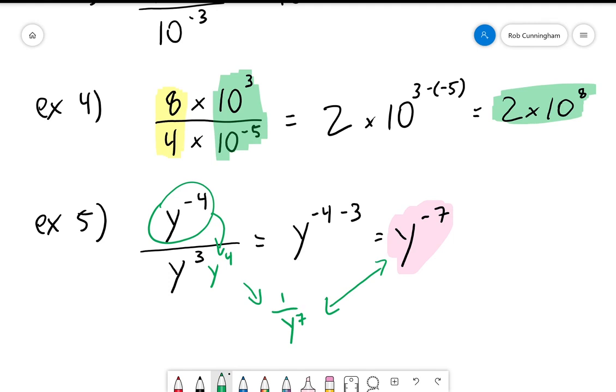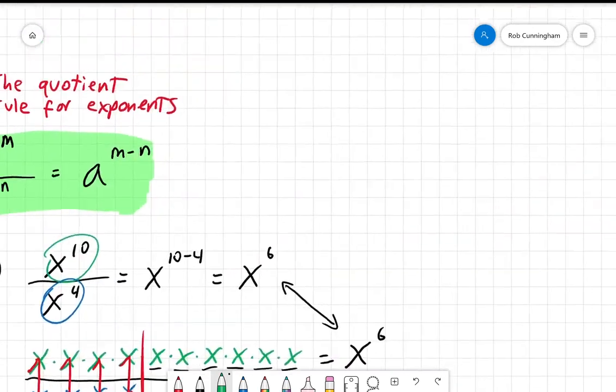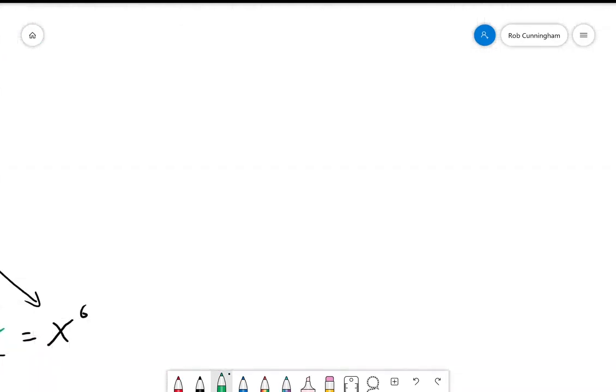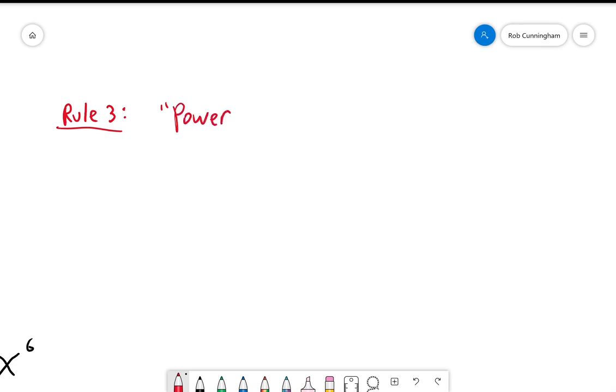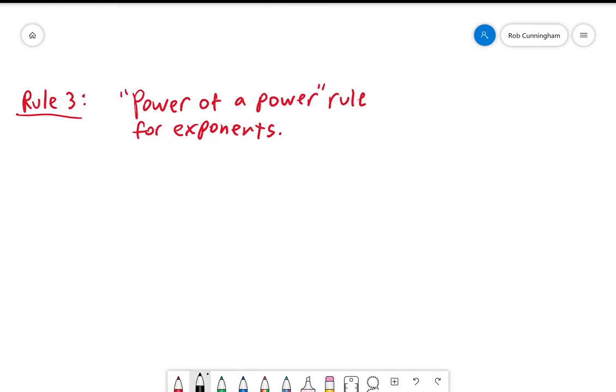Let's move on to the last rule, rule number 3. Not the last rule, but the last rule for today. And rule 3 is called the power of a power rule for exponents. And it goes something like this.